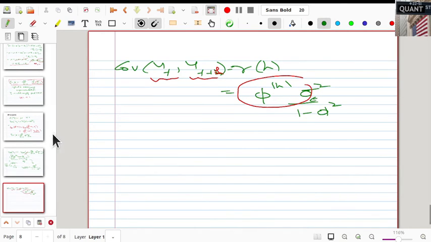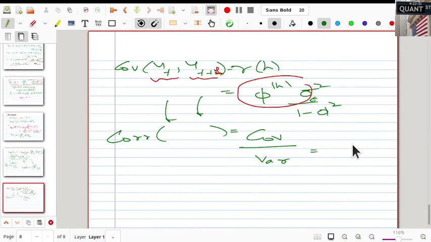And correlation of again these two equals covariance divided by variance, which basically simply equals phi to the power of h for all t and all h.